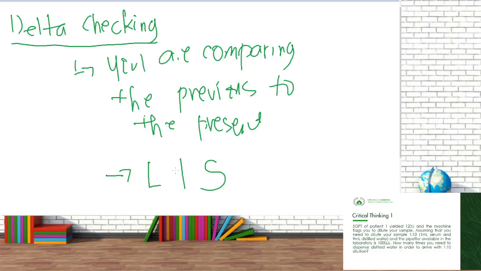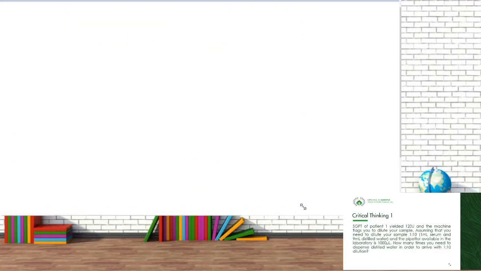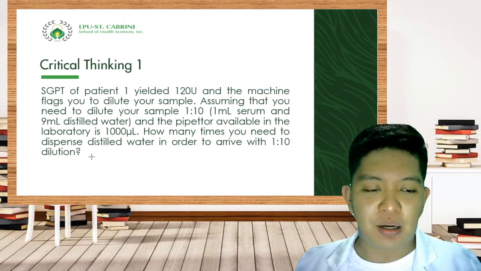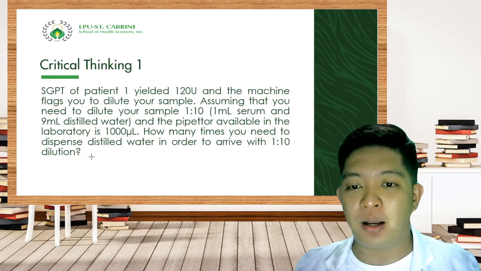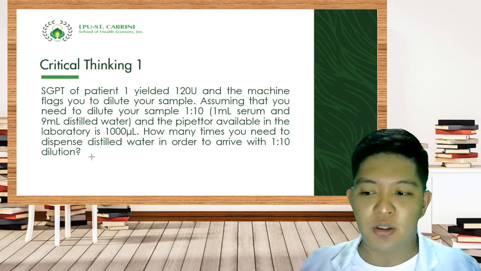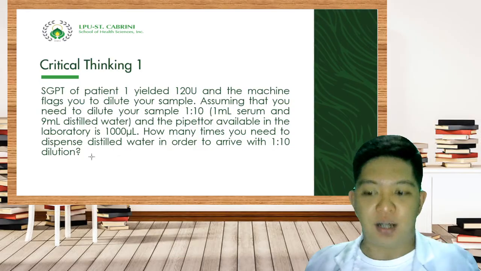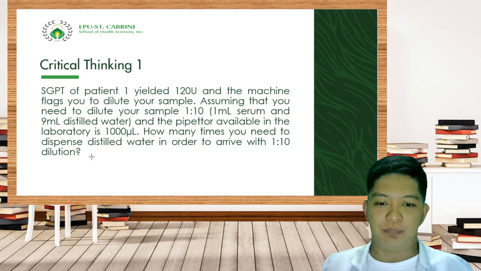Because it will be easy for us to check, to validate the result of our analysis. Unlike before, if you need to do a delta checking, then you have to review your manual log. But this time, since we are in the advent of automation, we are in the advent of technology, it will be easy for us to do delta checking.